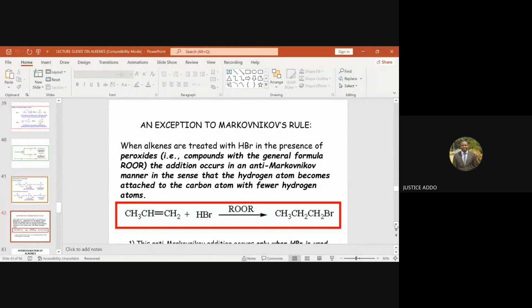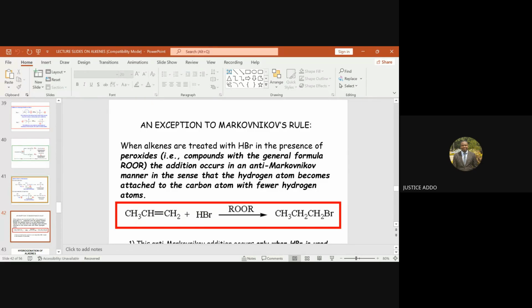So under the exception to Markovnikov's rule, which is addition of a peroxide apart from the halogen acid, the major becomes the minor, and the minor becomes the major from the Markovnikov addition.